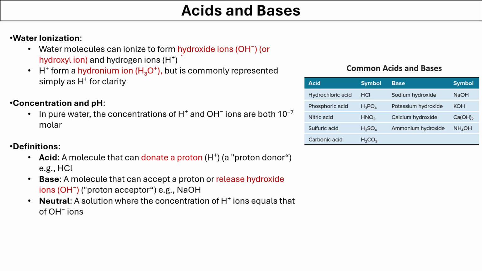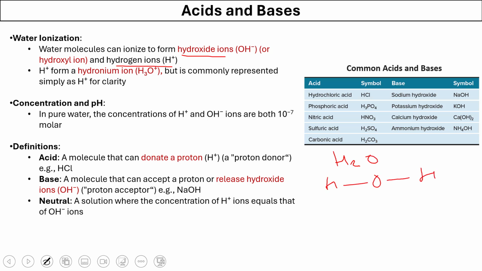Water can form ions, the hydroxide ion or hydroxyl ion and the hydrogen ion. How? H2O is HOH. Here you're sharing an electron pair and here also you're sharing an electron pair. But as we know, oxygen has a bigger nucleus, so it will attract this electron pair and get out as OH negative because it has taken this extra electron with it.